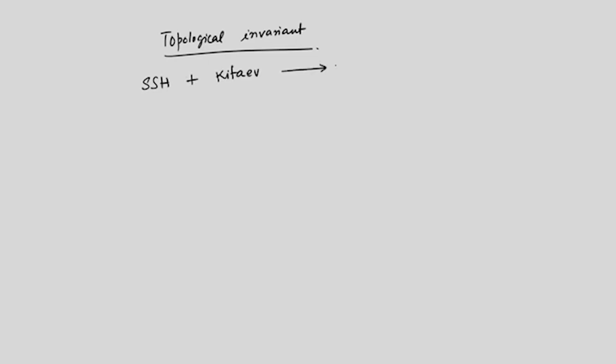Okay. So, now of course, we get these symmetry classes, but then we have to talk about the topological invariants as well, so that we know which topological invariant we are talking about, and we have learnt about a number of topological invariants. So, for example, in the SSH model and Kitaev model, we have seen that the topological invariant is the winding number. Okay.